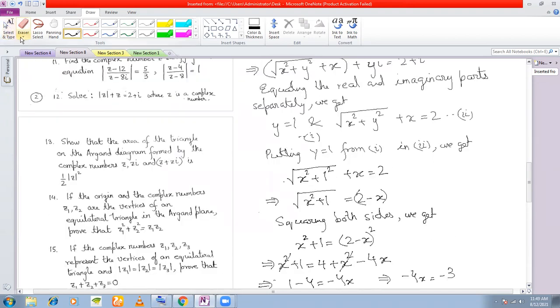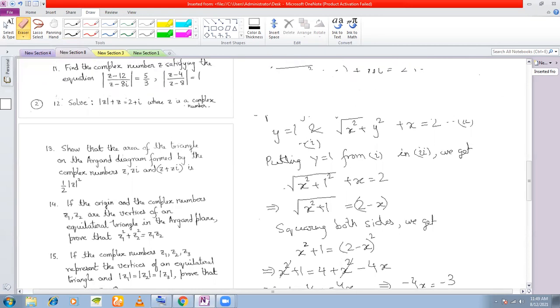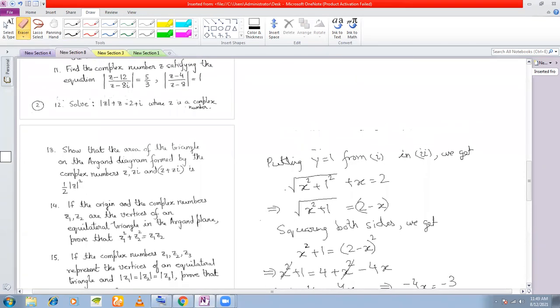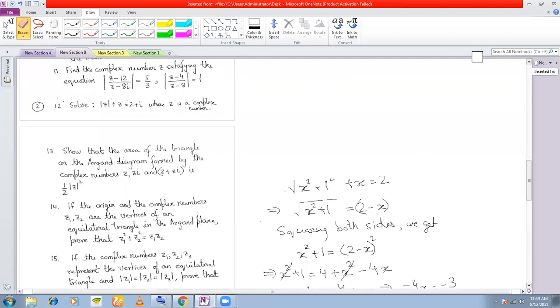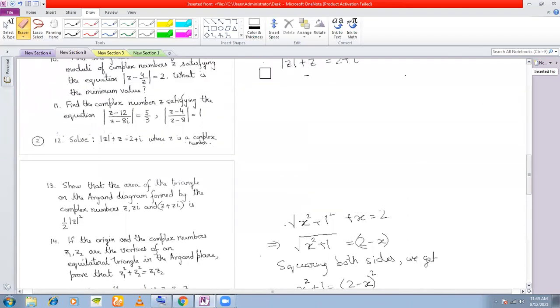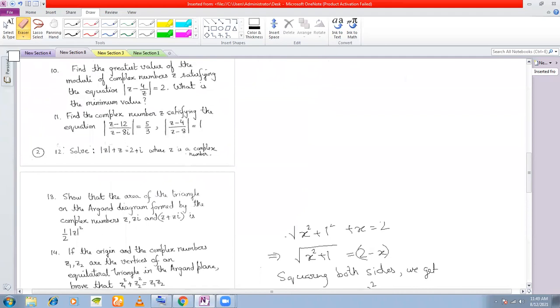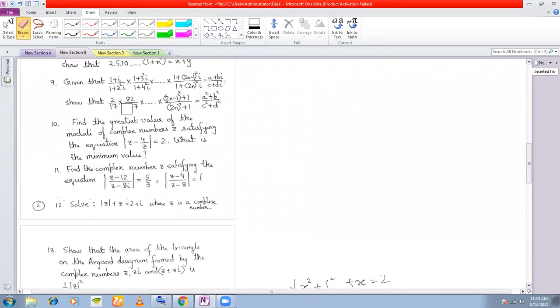The next part is actually all the applications of the Argand diagram. But before moving on to the next part, there are two things which I want you to know. That is interpretation of modulus of a number in the Argand plane.